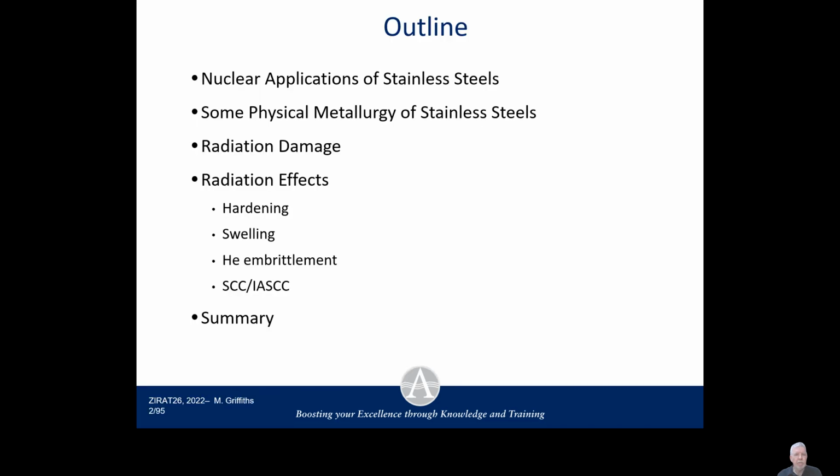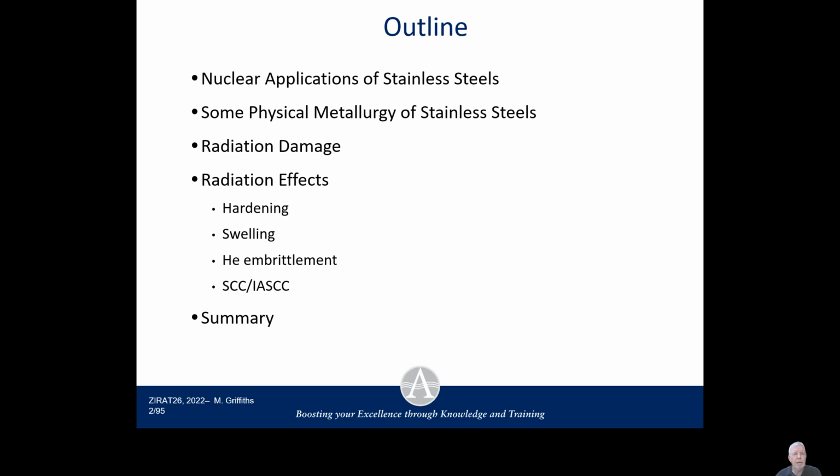So we'll start by giving you an outline. I'll give a brief description of nuclear applications of stainless steels, and I'll describe what I mean by defining what a stainless steel is and that sort of thing. Then move on to discussing some important physical metallurgy of stainless steels as it pertains to the use of these alloys in reactors.